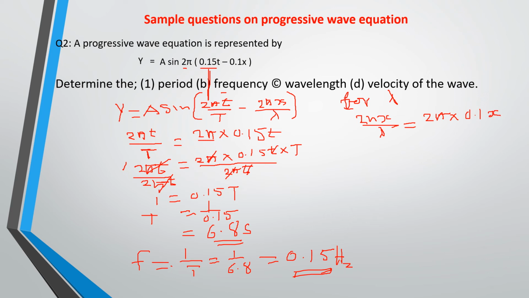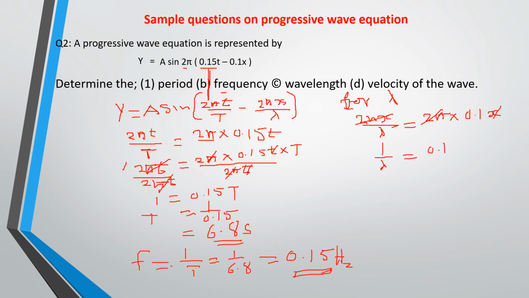Okay, so if you follow how we've been solving all these questions before, you will observe that the 2 pi x will cancel out. So if 2 pi x will cancel out, it means that this will cancel out and then this will cancel out.